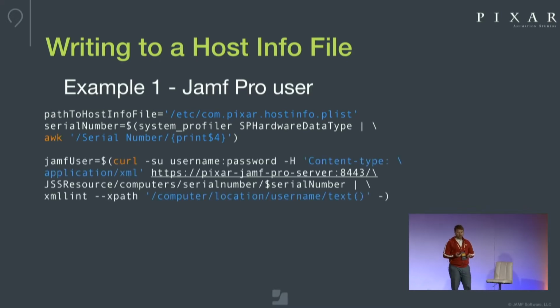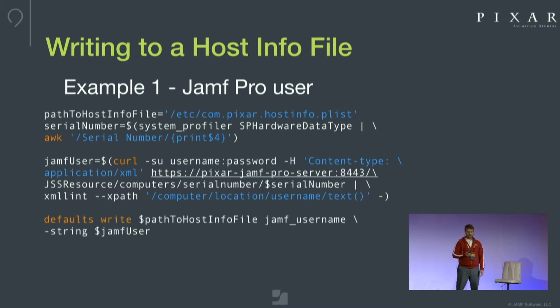We are then assigning this Jamf user variable based on the curl output using the serial number. And we then have the Jamf user. We're using defaults write to the file path. The Jamf username is the key. It is a string, and the Jamf user is the variable that is coming from the API.